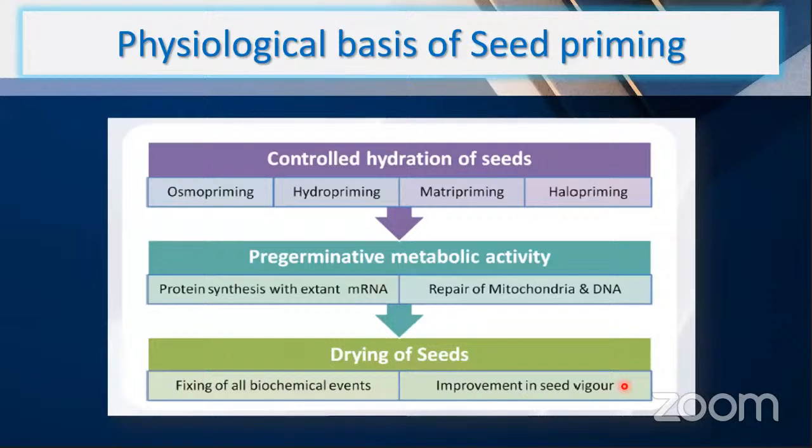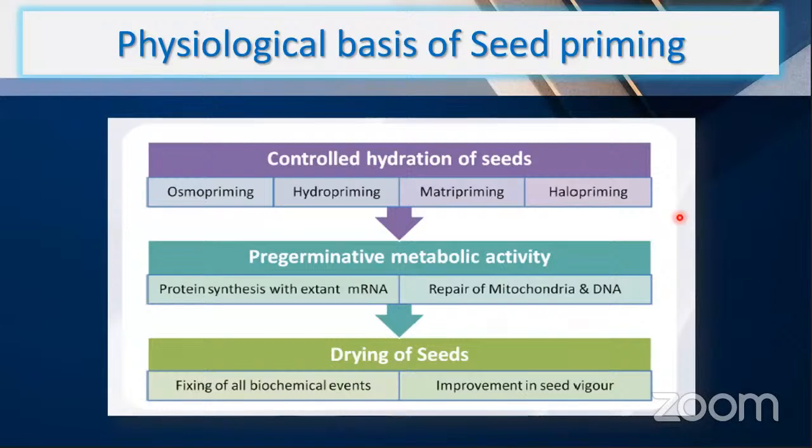So this is an invigoration technique, and recently we call it an enhancement technique. Enhancement is a broad terminology. Within that, invigoration specifically deals with priming to improve seed vigor. This is the physiological basis of seed priming, and a description of the seed priming process.